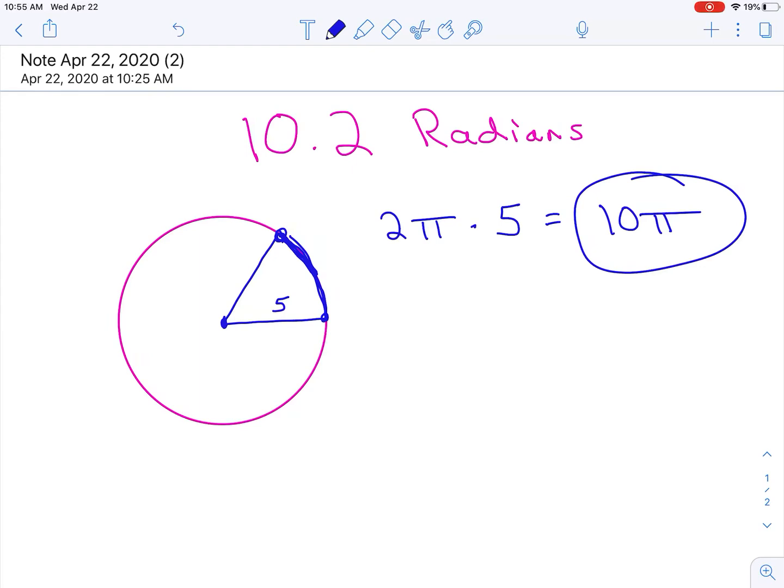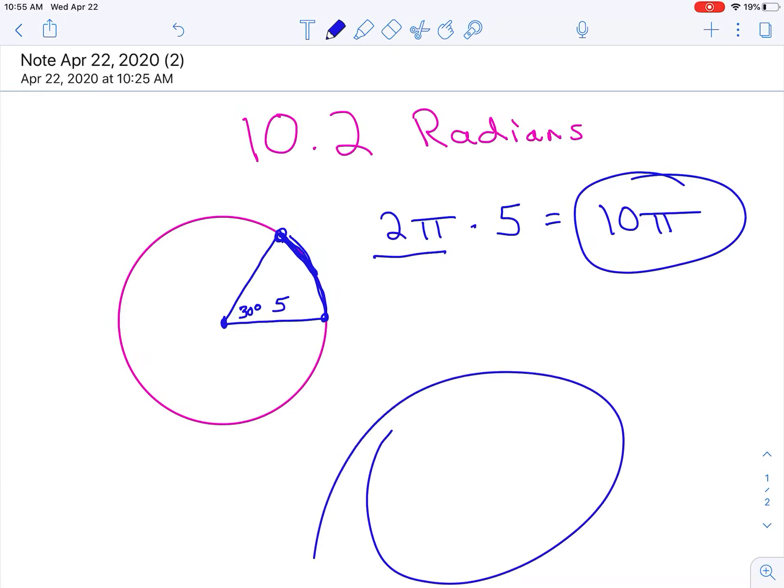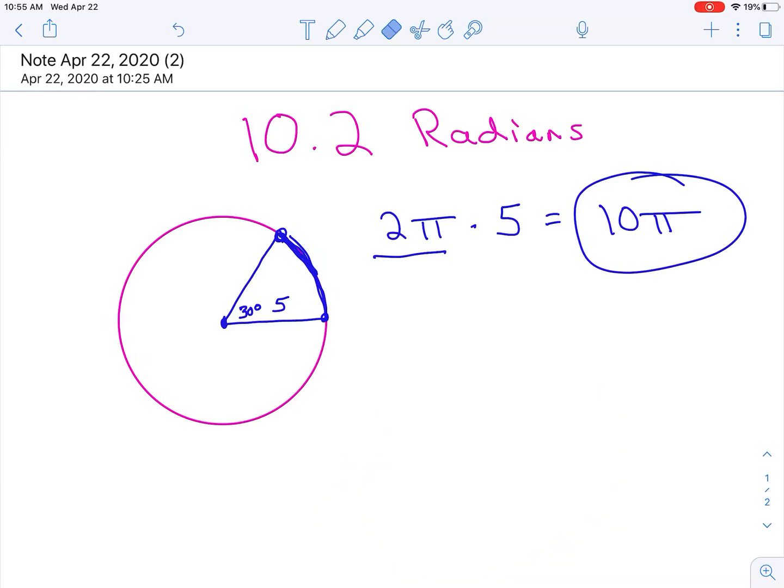So you have to know this angle in here. Let's say that we knew that this angle was 30 degrees. What's going on here is that this 2 pi, and this will be helpful with radians, is representative of 360 degrees. It's representative of the whole entire circle. But we don't want the whole circumference on this one. We just want that little blue part.